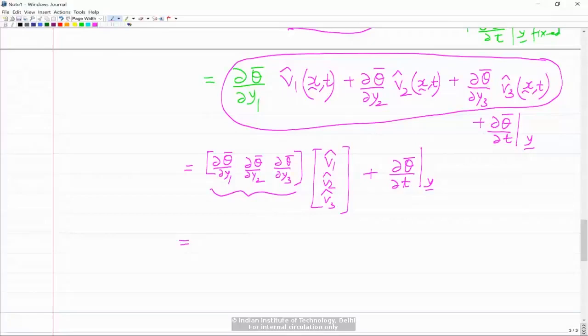Some are saying Eulerian. See, it is Eulerian gradient because the derivative is with respect to y, right? And y is the current position. It's the spatial location. That's why it's Eulerian gradient. Lagrangian gradient is when you take the derivative with respect to referential positions, referential coordinates. Okay?